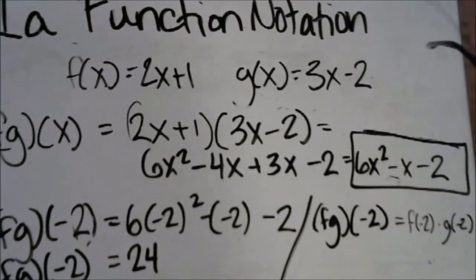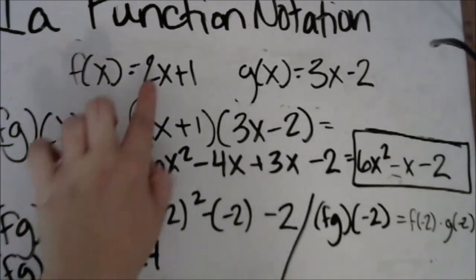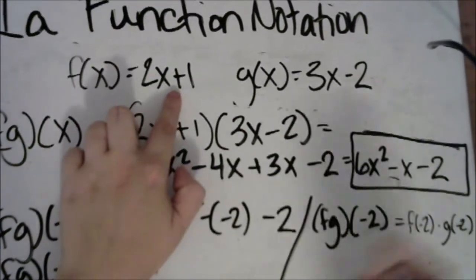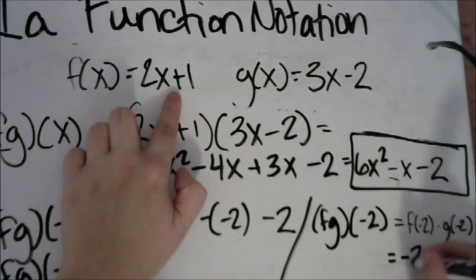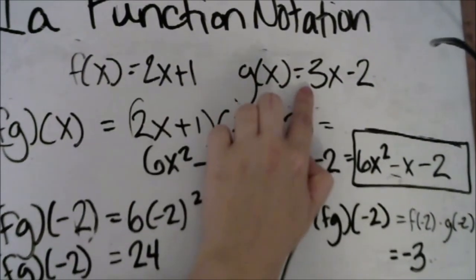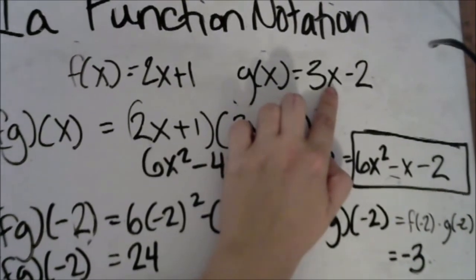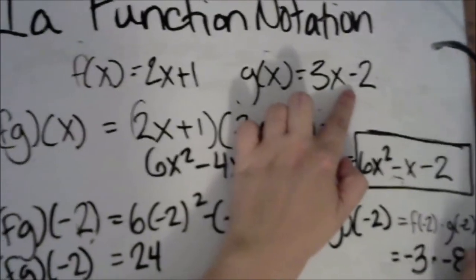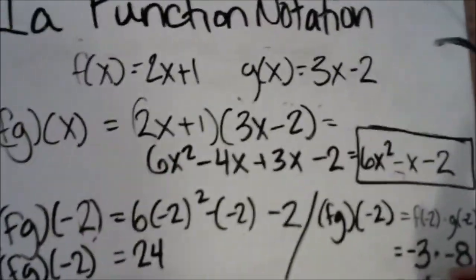So let's evaluate f of negative 2. 2 times negative 2 is negative 4, plus 1 is negative 3. Now let's evaluate g of negative 2. 3 times negative 2 is negative 6, minus 2 is negative 8. Well, what's negative 3 times negative 8?